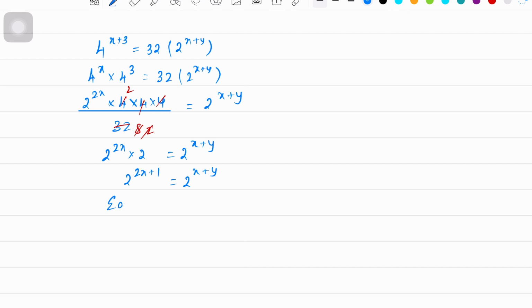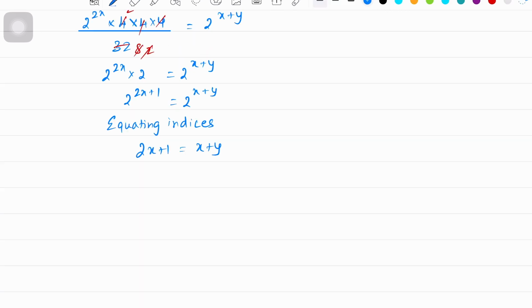Equating indices, we have 2x plus 1 equals x plus y. Now we can say y equals 2x plus 1 minus x, or y equals x plus 1. So let this be the first equation.